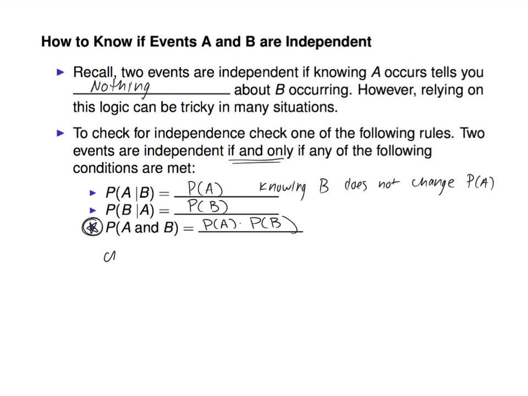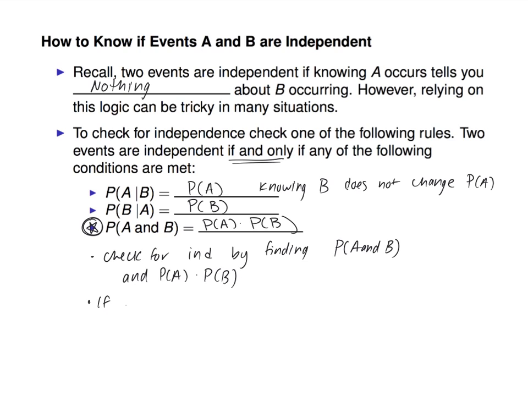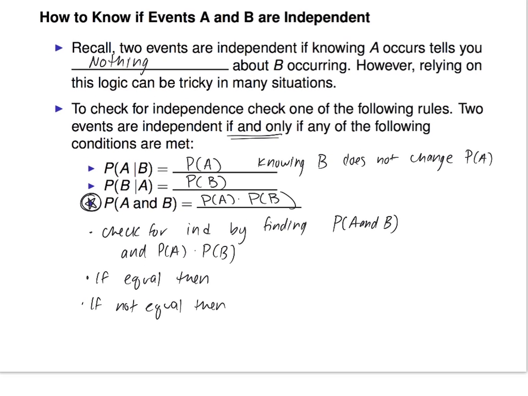So here's how you check for independence by finding P of A and B, which might involve listing the events in A and B, and then P of A times P of B. If they're equal, then, if not equal, then, so fill in my thens.